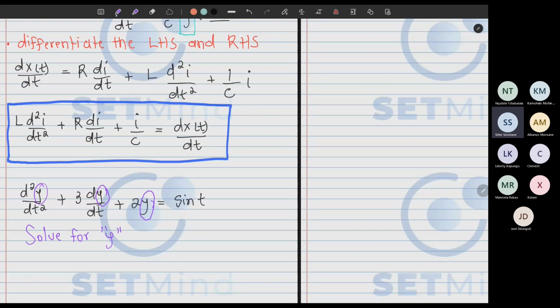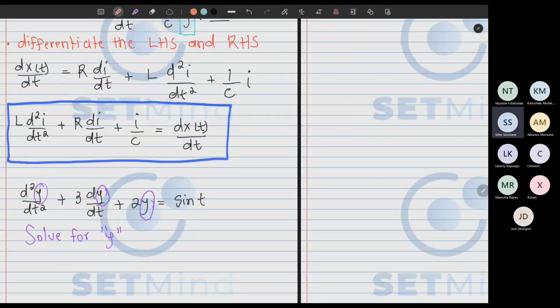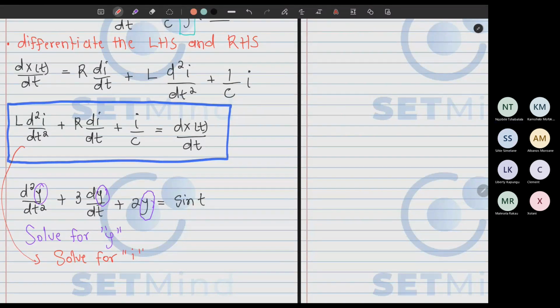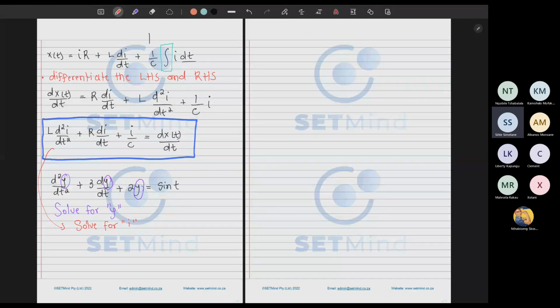But now, from our differential equation here, we can clearly see that we can actually solve for I, our current. So we can solve for the current from that differential equation. And that's where Laplace transform comes into place.